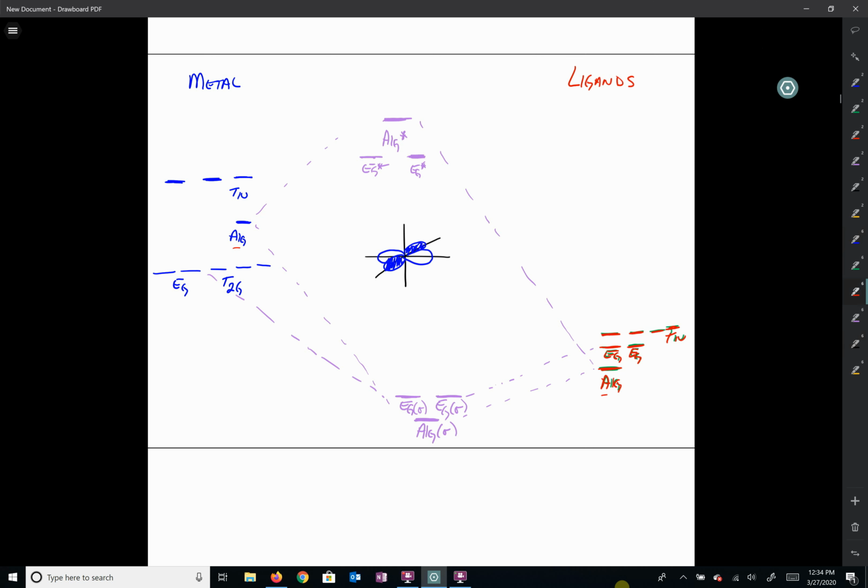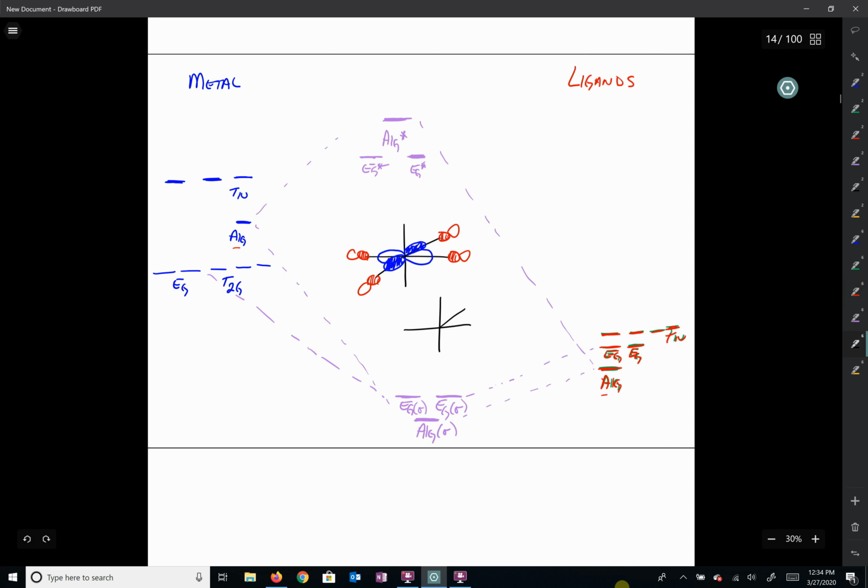We could have a couple different orbitals on the ligands interacting with this: the s orbitals, or a set of p orbitals could come in and interact with this. And that would be an example of the EG.